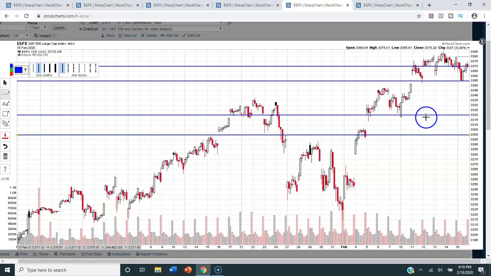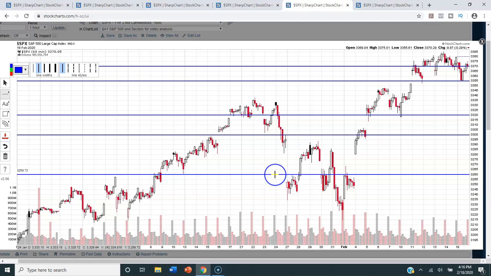So 3300 to 3320, going to be some support there. If this doesn't hold, then as you can see here, when we go down, there's going to be some support probably around this 3260 level, and the 3220, which we will spend a little bit more time on. The 3220, I believe, for right now, is the most important support area that we have.